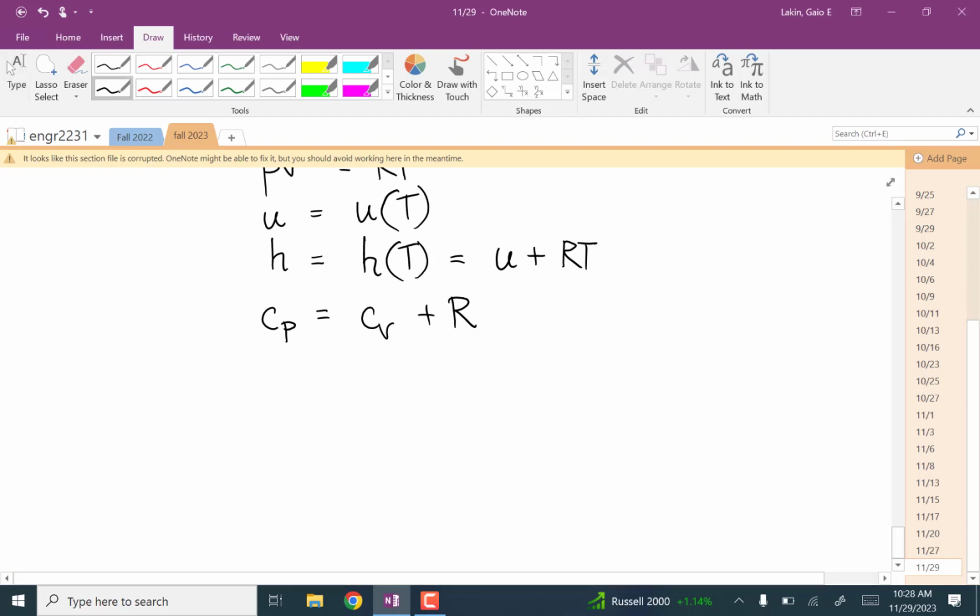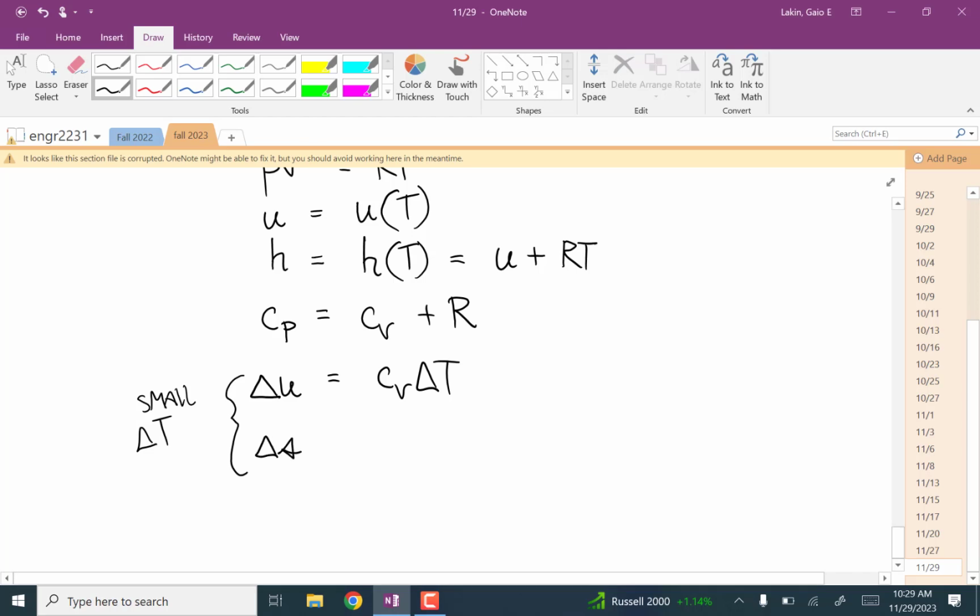Okay, so now if you have small changes in temperature, the change in specific internal energy is CV times delta T. This is for relatively small delta T, but we've seen that you can get pretty good values even if it's changes of hundreds of degrees Celsius.